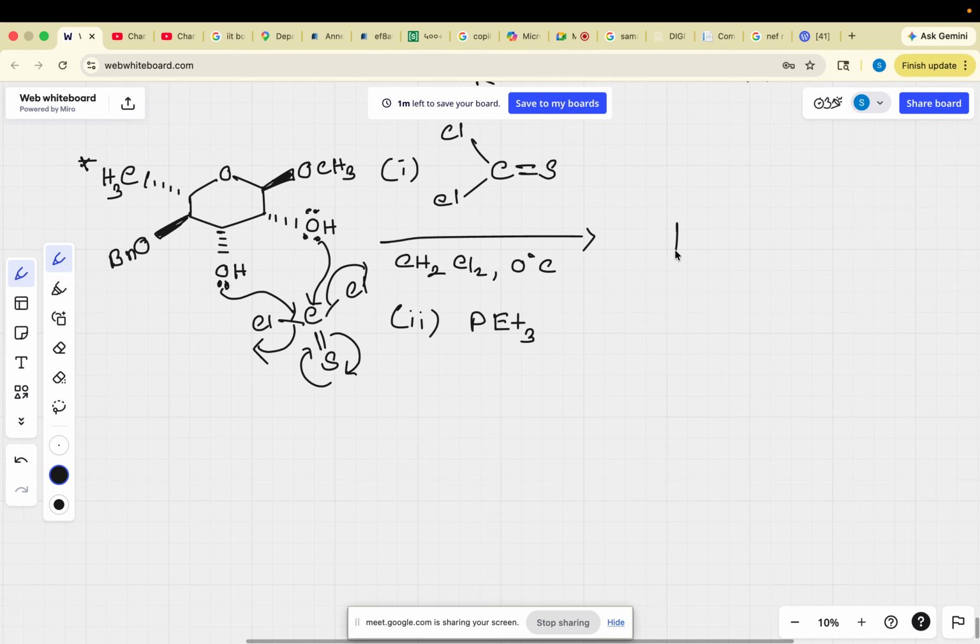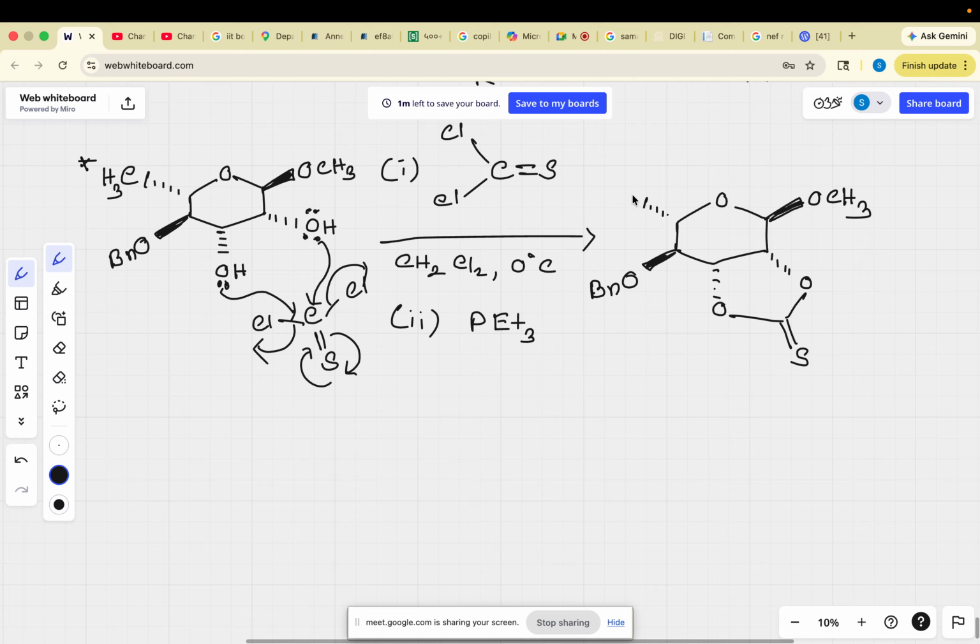Again, that thing will happen and chlorine will leave from here. So ultimately, what are you getting? Oxygen, oxygen. Here you have carbon double bond sulfur. Okay, that is the thing, right? You are getting this thing or not?